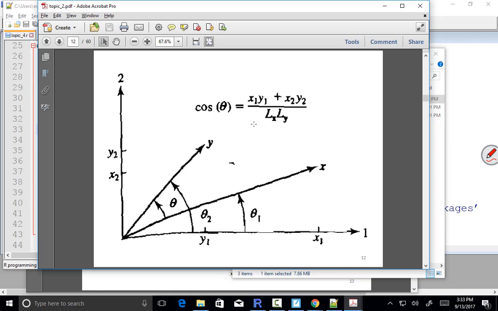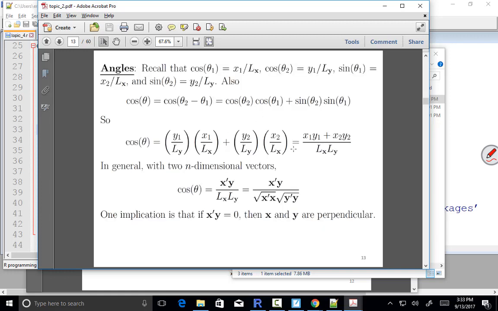There are some analytical results that allow us to get angles. In particular, the general representation of an angle between two vectors, call it theta, the angle between one vector and another vector, I can compute through this relationship here.